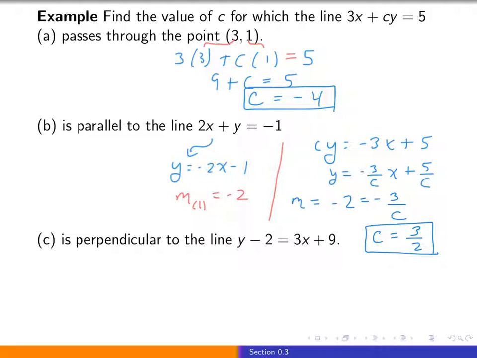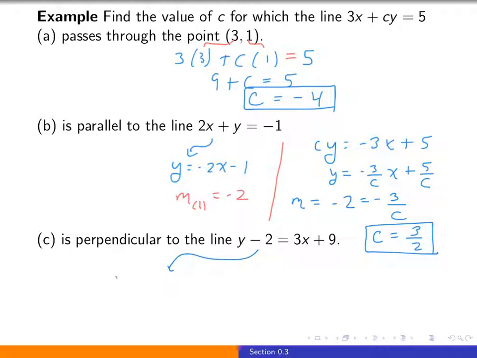For part C, we want to pick the value of c for which our line is perpendicular to the given line. And recall that two lines are perpendicular when their slopes are negative reciprocals of each other. So let's go ahead and find the slope of the line which is given here.